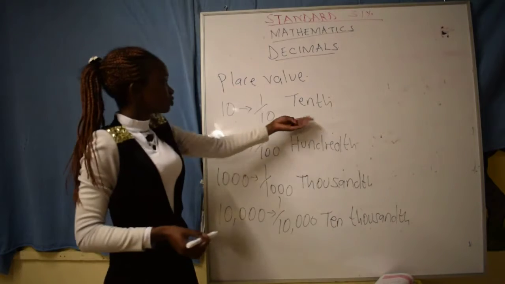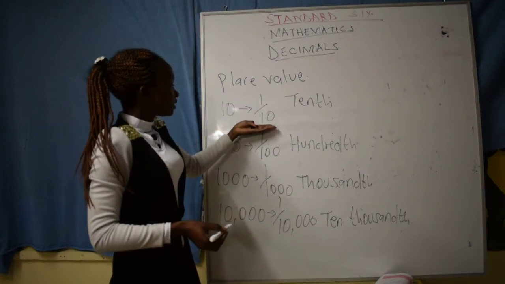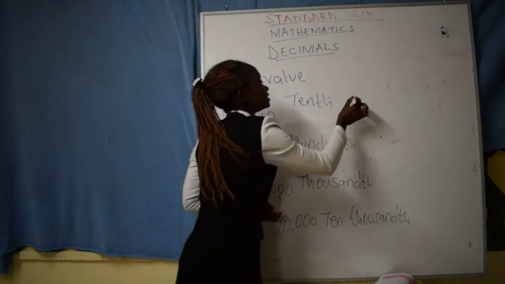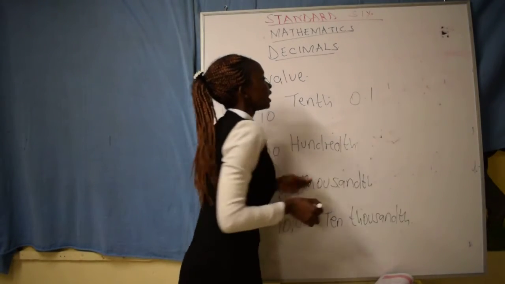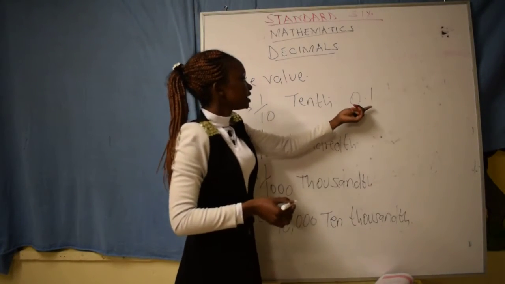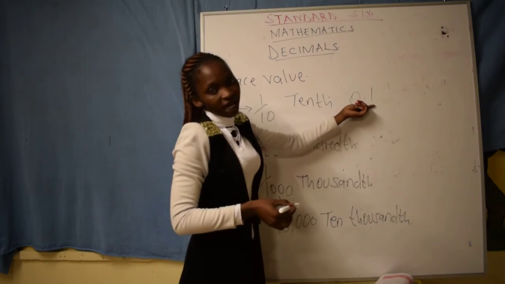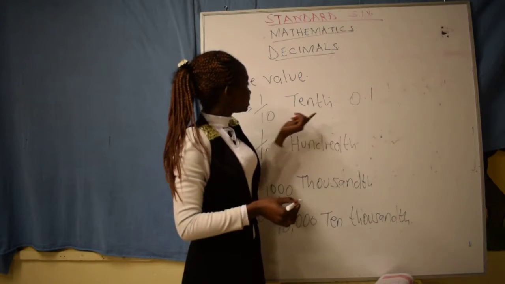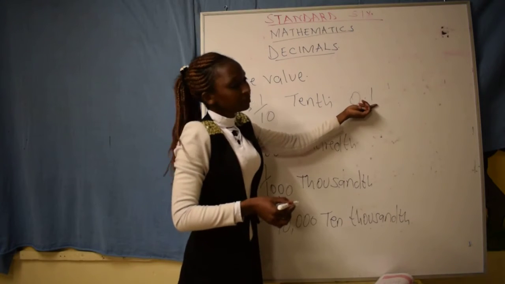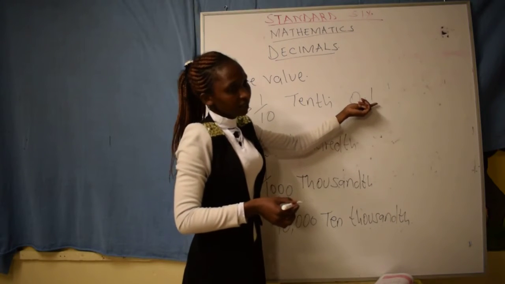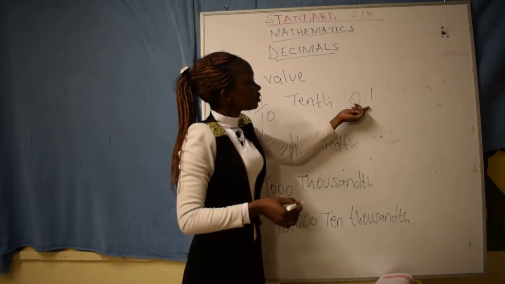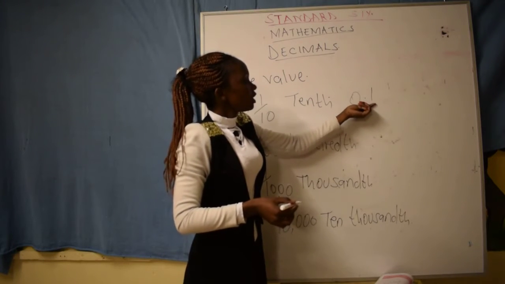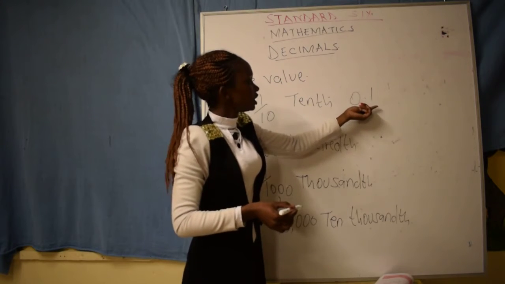Then we come to this side. Now, a tenth as a decimal is written as 0.1. You find that there is only one digit after the decimal point, therefore it has one decimal place.